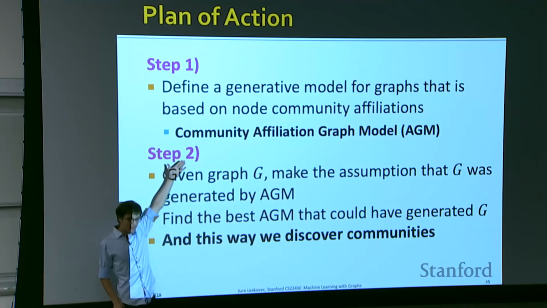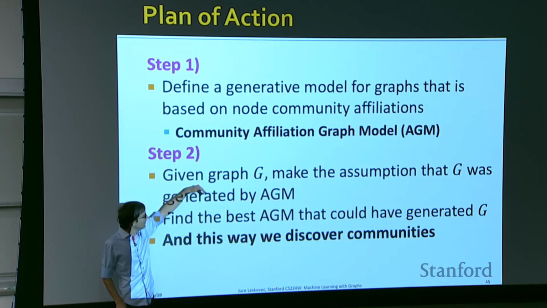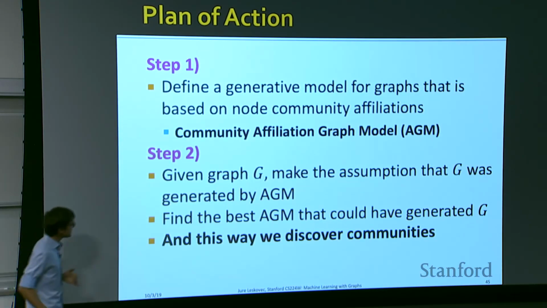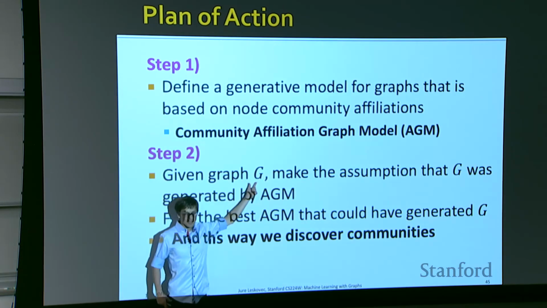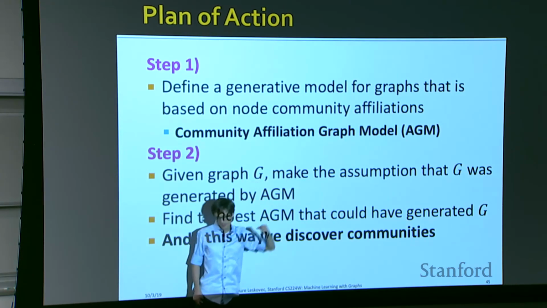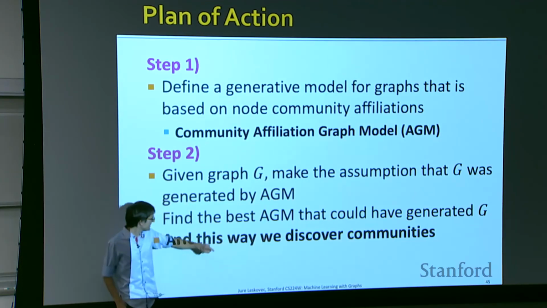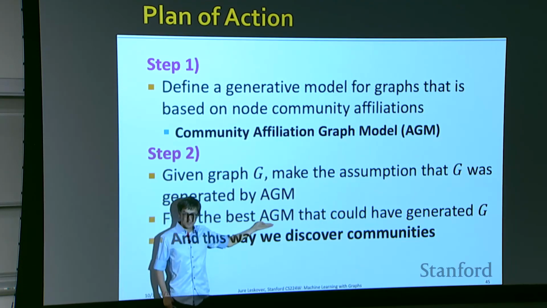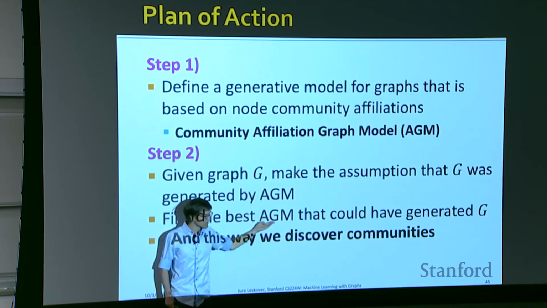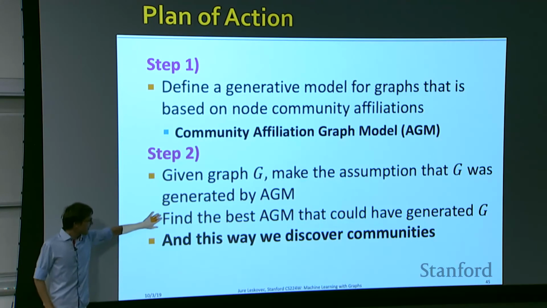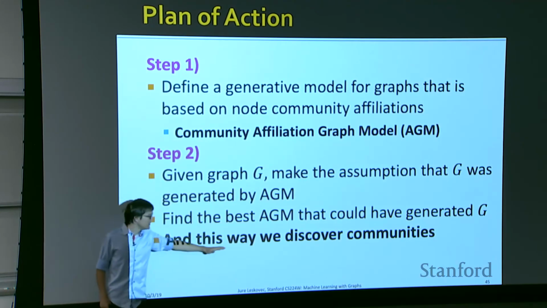After we define this model, we will do what is called maximum likelihood estimation. What this means is that we will take a real graph and assume that my graph was generated by my model. So now I can ask, what is the best version of my model? What are the best model parameters that could have generated my graph? And by fitting the model, we will discover communities.